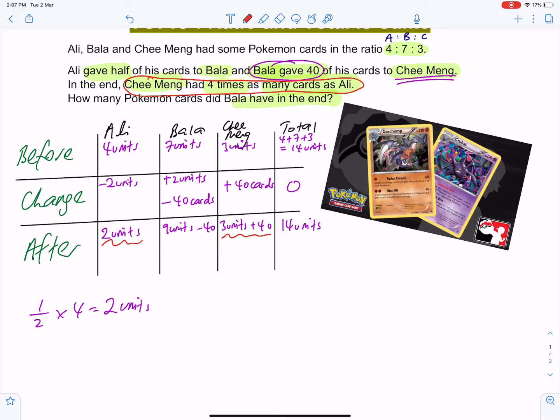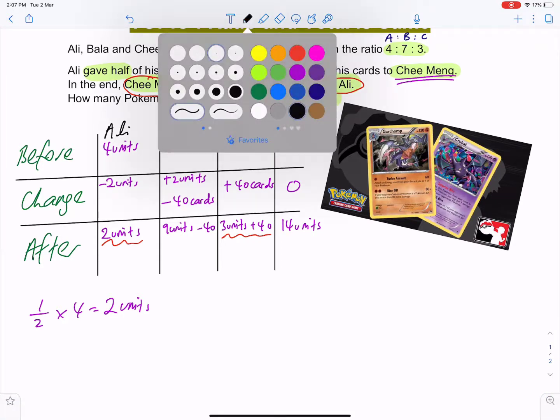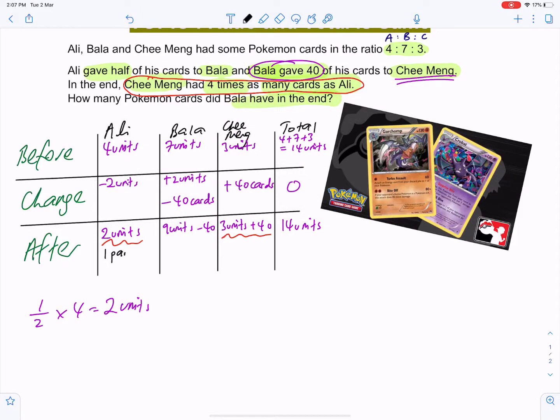But for Ali, he's carrying 2 units here. It's different from the 1. So what we can do is multiply this by 2, and over here also we multiply by 2.